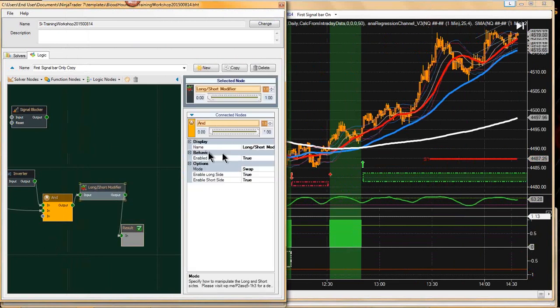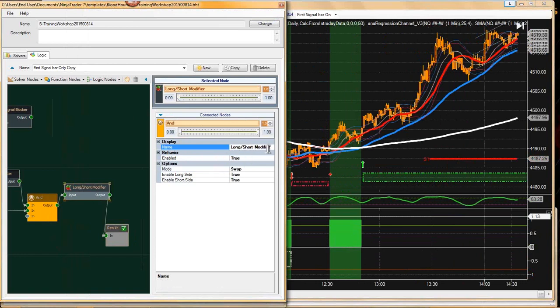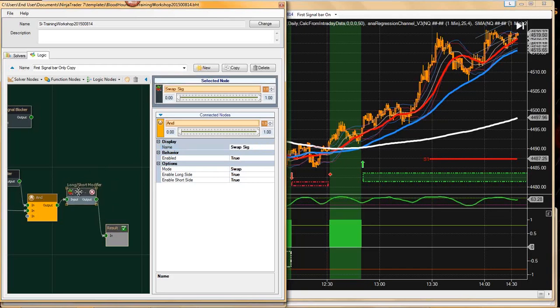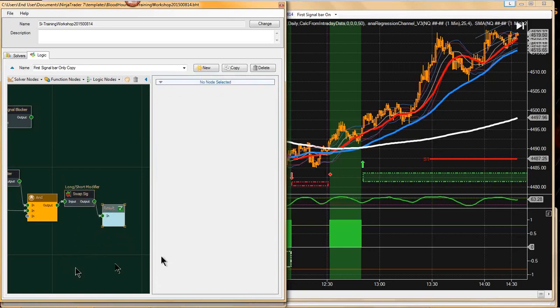I'm going to rename this. I just renamed this modifier, which makes it a little shorter on the board. You see how it shortened it up too, because the name was shorter. That's kind of helpful.